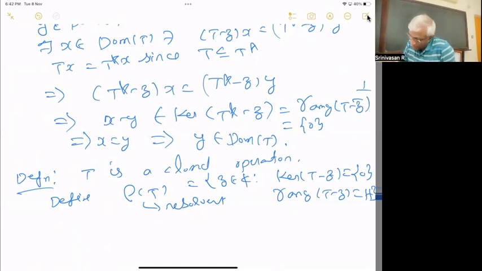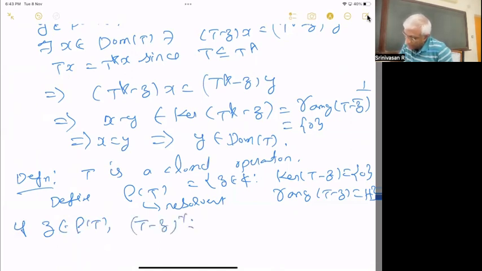So if Z is in the resolvent set, Z is in rho of T, then you can define T minus Z inverse from H, which of course lands in the domain of T, doesn't matter. This is well defined.